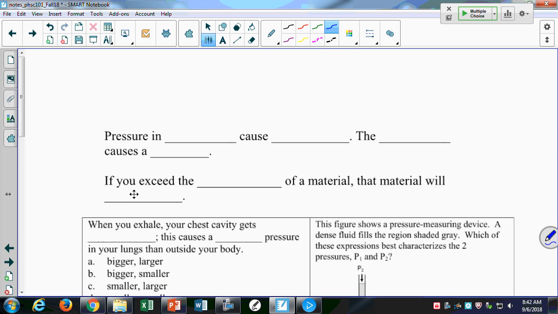So pressure in solids causes stress. Imagine this balloon is a solid. It's not really, but if I apply a pressure, it causes a stress, and the object deforms in some way. The stress causes a strain.